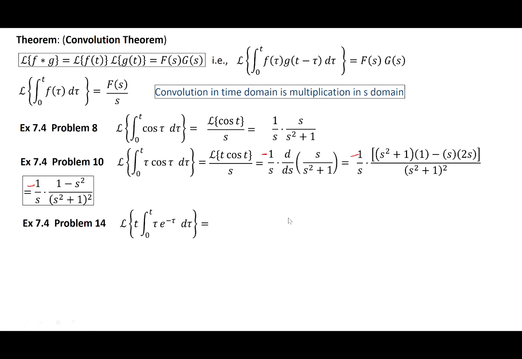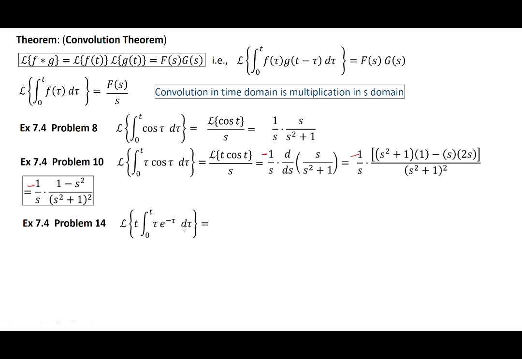Okay, how about this? How should we look at this? Would you agree again we should look at this as the Laplace of t times some f of t, which means negative d ds of the Laplace of this integral. Check that out. We should look at this as t times some f of t.